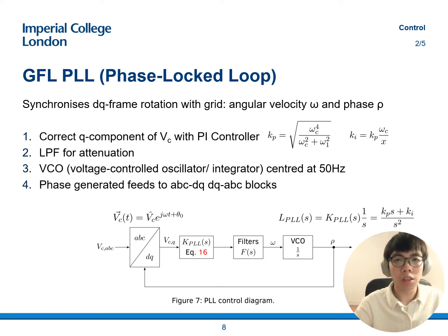As you can see on the phase lock loop control diagram here, there's a PI controller which takes in the Q component of VC and corrects it to 0, a filter which attenuates any higher harmonics, and a voltage controlled oscillator, or VCO, which generates a phase centered at 50 Hertz based on that error. In combination, this ensures that the DQ frame rotates in sync with the grid, and that the D and Q components are indeed DC when the three phases are balanced with each other.